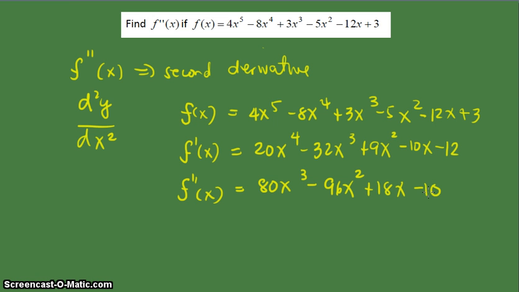And that's the second derivative. If they ask you for the third derivative, then just get the derivative of the second derivative. So it depends on how many times you want to get the derivative. Okay, so those are the examples of problems that you might encounter which involve derivatives. Okay, so that's it.